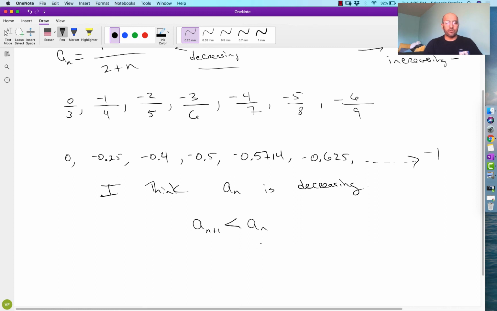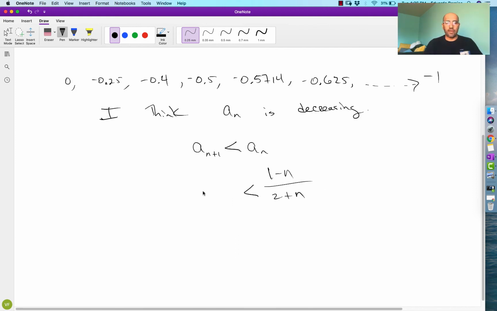If this is true, it must mean that 1 minus n divided by 2 plus n is always larger than 1 minus n plus 1, all over 2 plus n plus 1. Now we can simplify that a little bit. Distributing, we end up with minus n divided by n plus 3 is less than 1 minus n over 2 plus n.